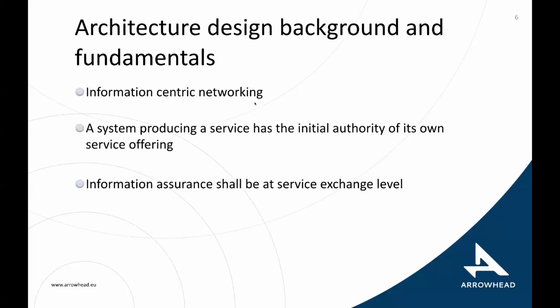And it's also important to see that a system that is producing a service initially owns its own data, but this can be given to someone else as authority. But we thought we needed to have such a definition. And that what we call information assurance shall be at the service exchange level. So this is where we can authorize the service consumption, where we can authenticate the consumer, and where we also have the capability to ensure that we have proper encryption of the data.